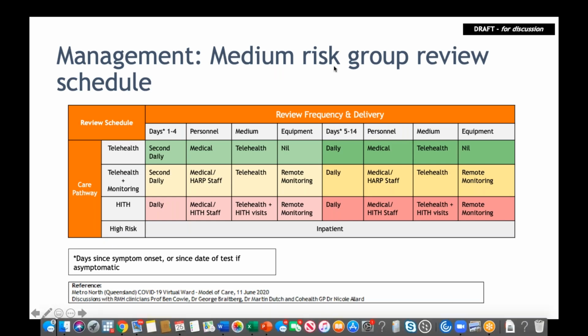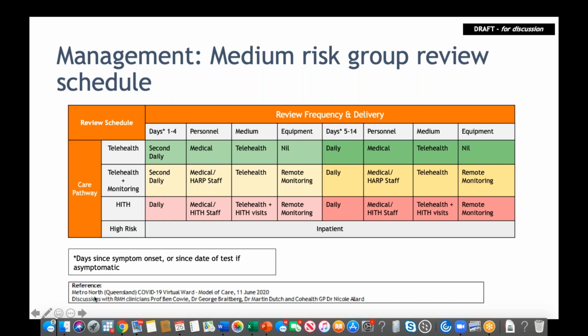All right, so as Nicole said, the medium risk stream is within what we're calling the RMH Virtual Hospital, just because it sounds nice. And I guess it's still a model that continues to evolve.